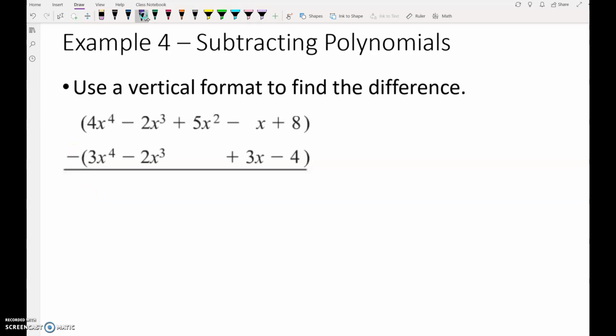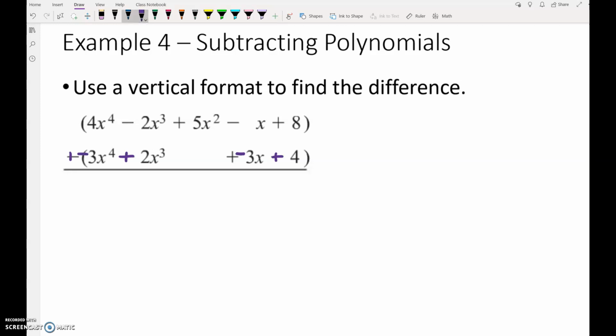I am going to take this negative and distribute it. So this is going to become a negative 3x to the fourth, a positive 2x to the third, a negative 3x, and a positive 4. So change that negative to adding the opposite and apply that opposite to everything on that second line.